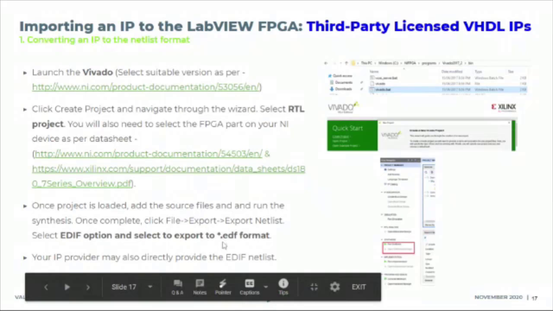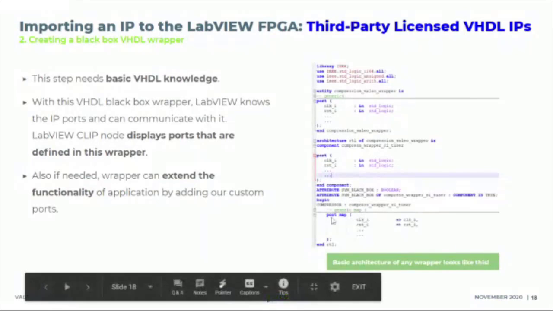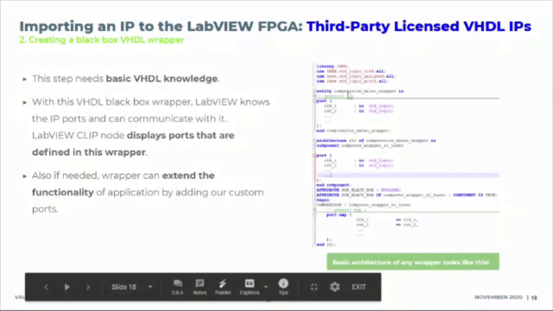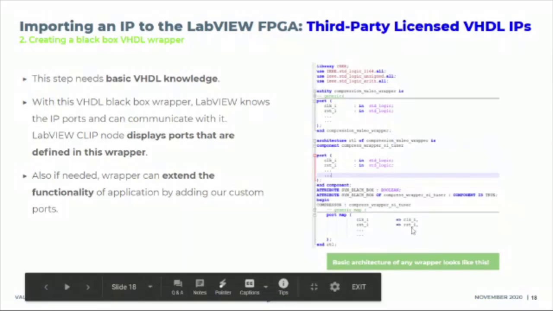This is a black box VHDL wrapper we are creating, and the compression IP is the third-party IP. Basically, we are importing that as a black box here, and then we are connecting the ports using this port map command to our wrapper. This is the kind of typical architecture any wrapper will look like. With this, if you put them into LabVIEW FPGA, it will know the ports of the actual IP, and through this wrapper it can communicate to the encoded IP.